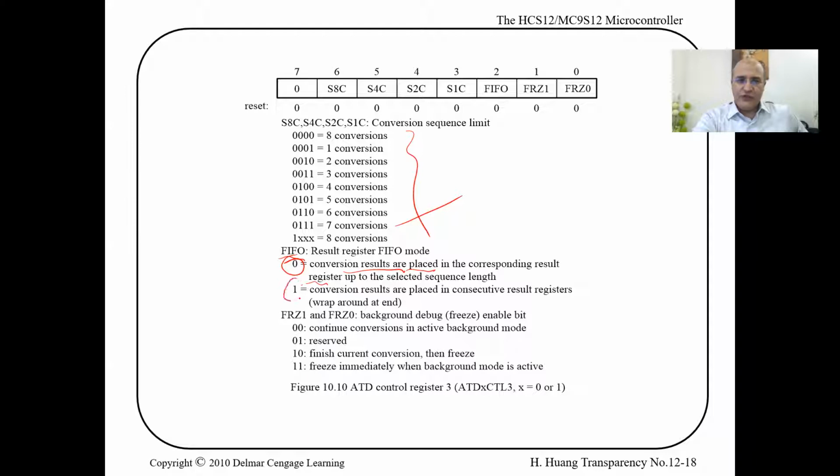But if we choose the FIFO mode, the conversion result will be stored in a result register that I specify somewhere later on. And when I get to the last one, which is register 7, wraparound will happen. You go back to register 0. We'll see some examples. Then what we want to do in case of freeze mode, we're not going to look at this.